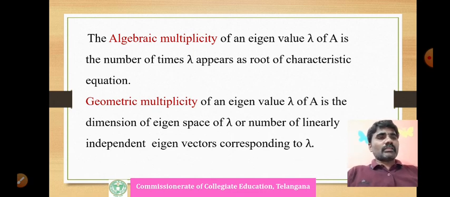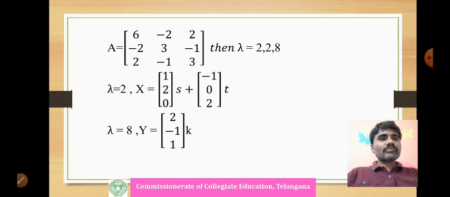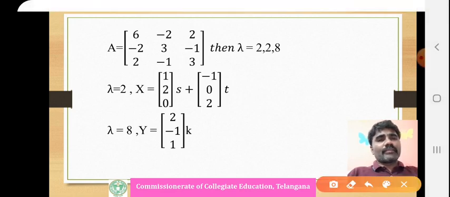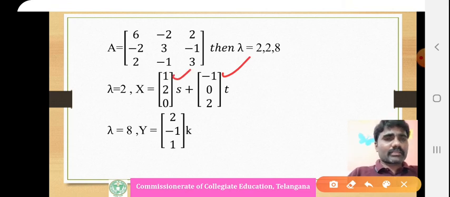These two are the same. In the earlier case, for lambda equals 2, there are 2 linearly independent eigenvectors. This is one eigenvector, this is one eigenvector. That's why the geometric multiplicity of lambda equals 2 is 2, and the algebraic multiplicity is also 2. Both are the same here.